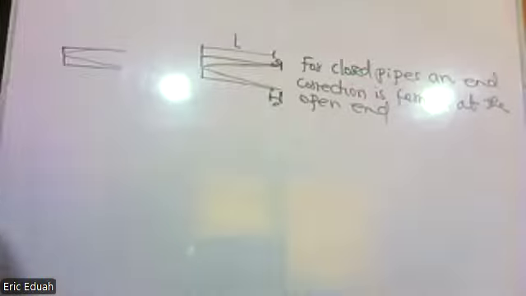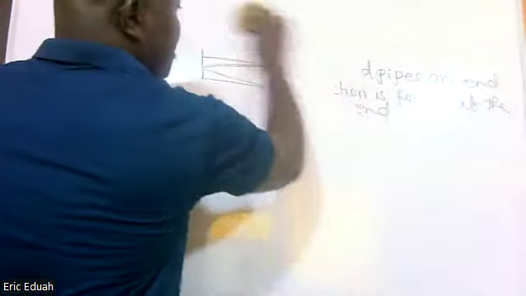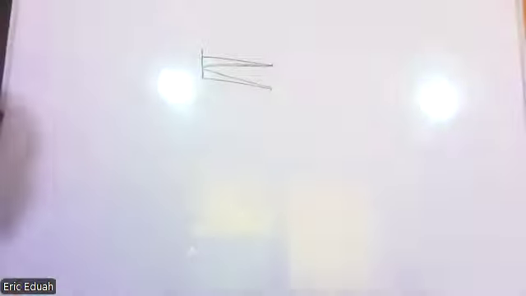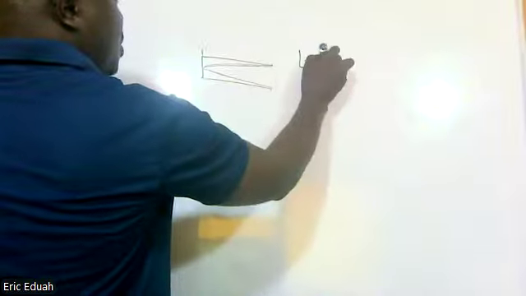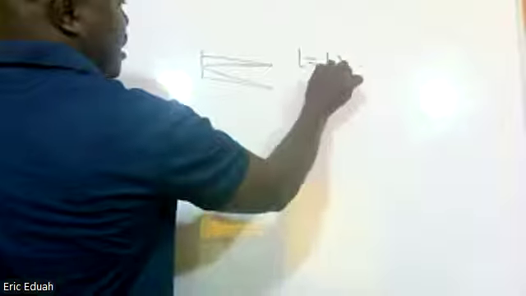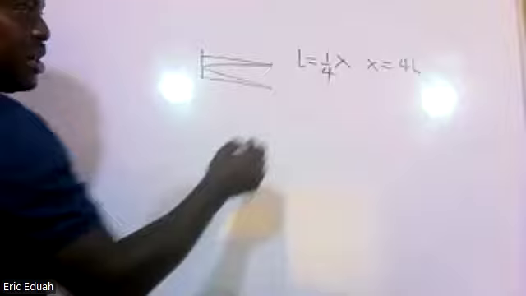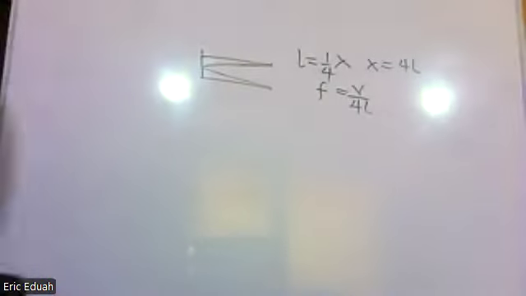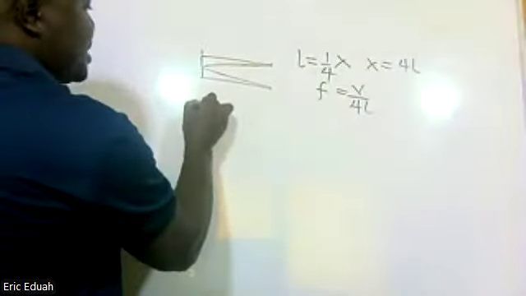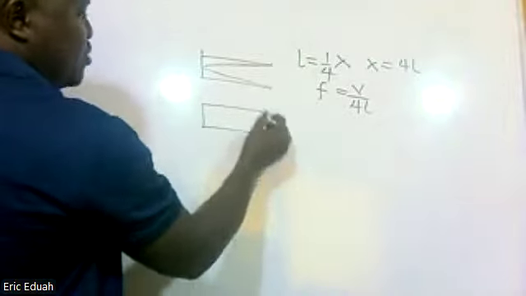So for this note, which is open at one end, we saw the harmonics because L is equal to a quarter lambda, and lambda is equal to 4L. We saw the fundamental to be equal to V on 4L. If there is a consideration for end correction, this is how the harmonics will change.